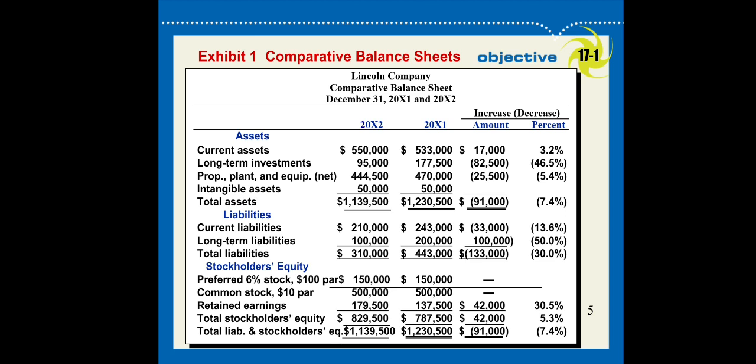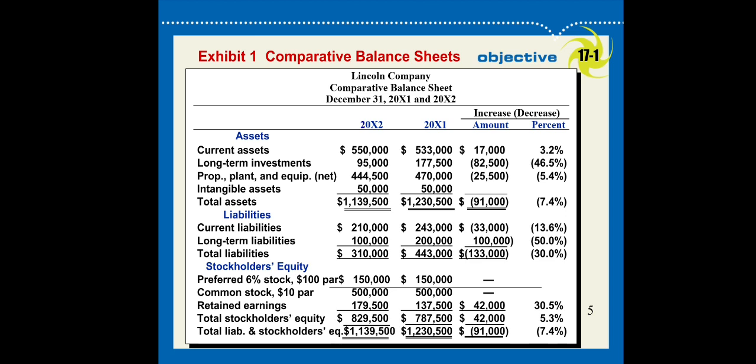You want to do horizontal analysis for this company's balance sheet, so you have to have 2 years of data. The current year data is the 2000x2 data, that is the current year balance sheet. And the previous year data is the balance sheet for year 2000x1.